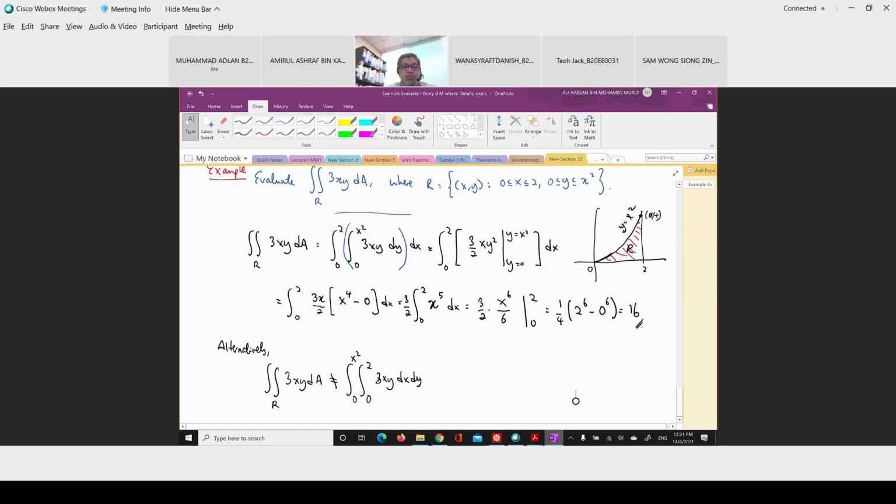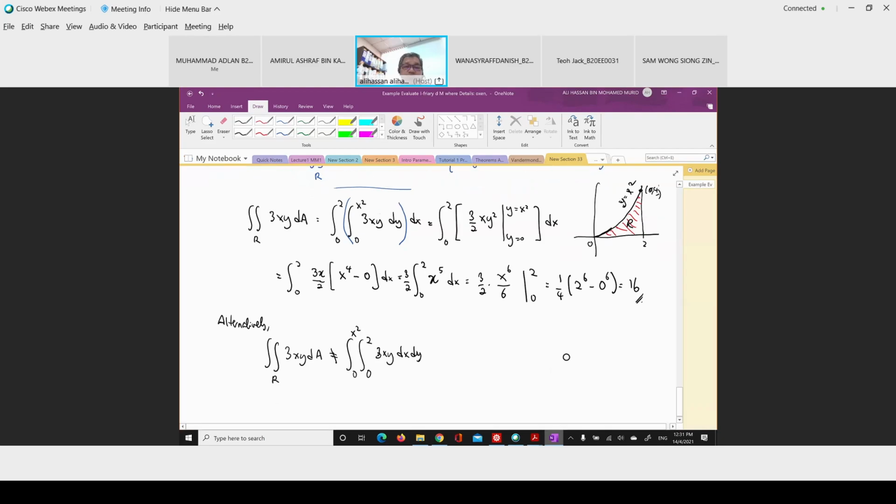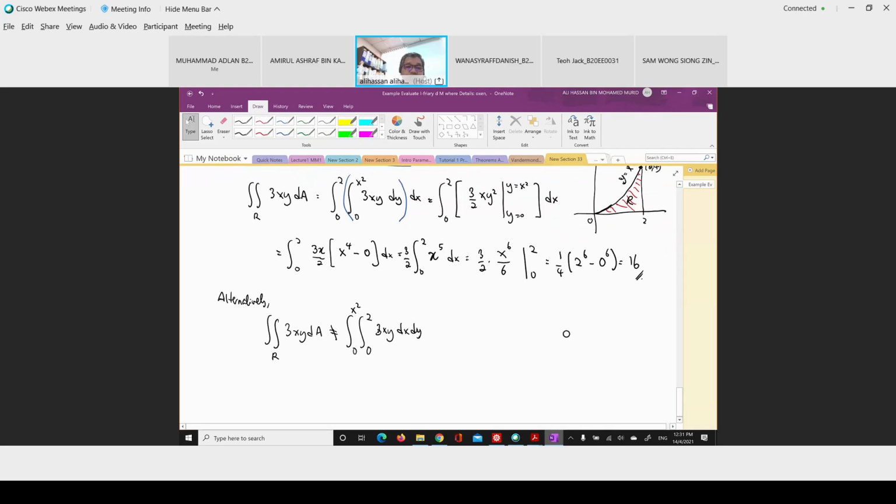Now, we know that y is between 0 and x squared, and x is between 0 and 2. So it is wrong to write the limits in this way.